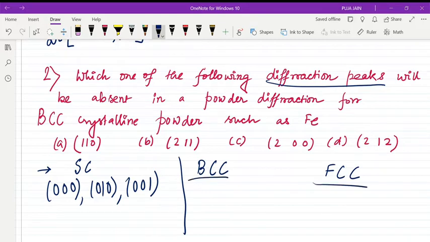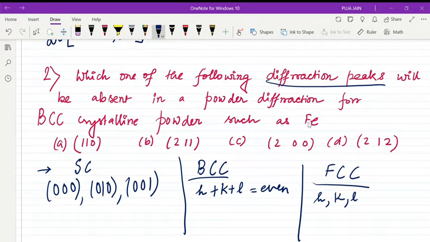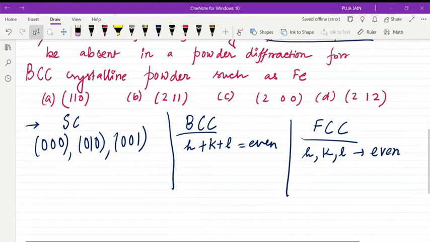For BCC and FCC there are some essential criteria. For BCC, the value of H plus K plus L needs to be even, that is, the sum must be even. And for FCC, H, K and L individually must be all even.